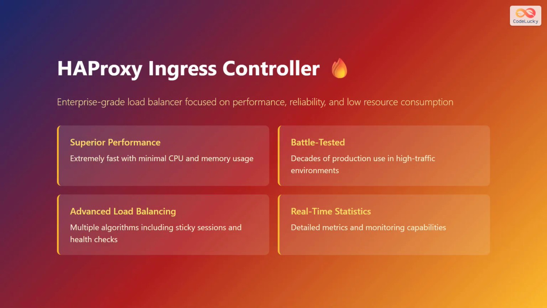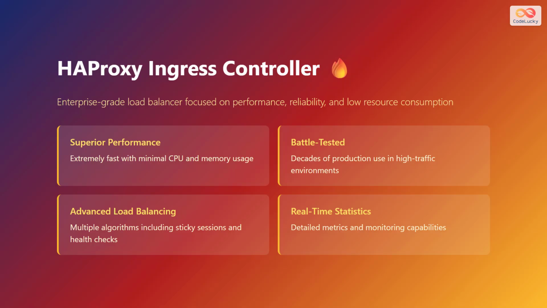HAProxy is an enterprise-grade load balancer known for its exceptional performance, reliability, and low resource consumption. HAProxy has been battle-tested in production environments for decades, powering some of the world's highest traffic websites. It excels at handling large volumes of requests with minimal CPU and memory usage, making it extremely cost-effective in cloud environments.